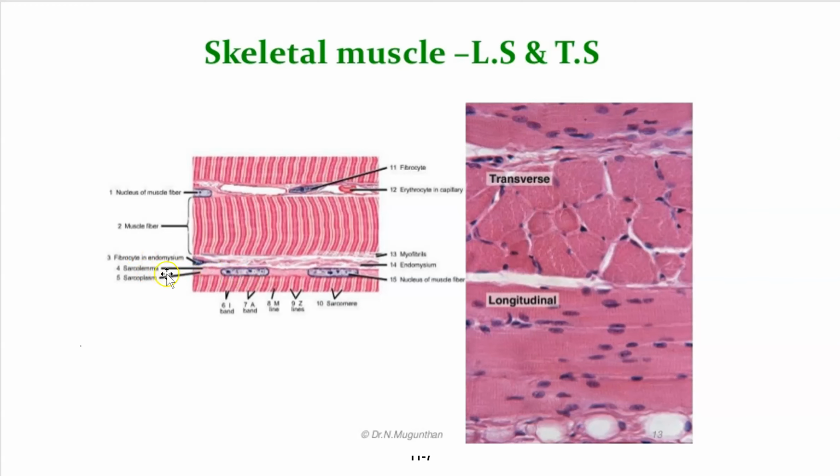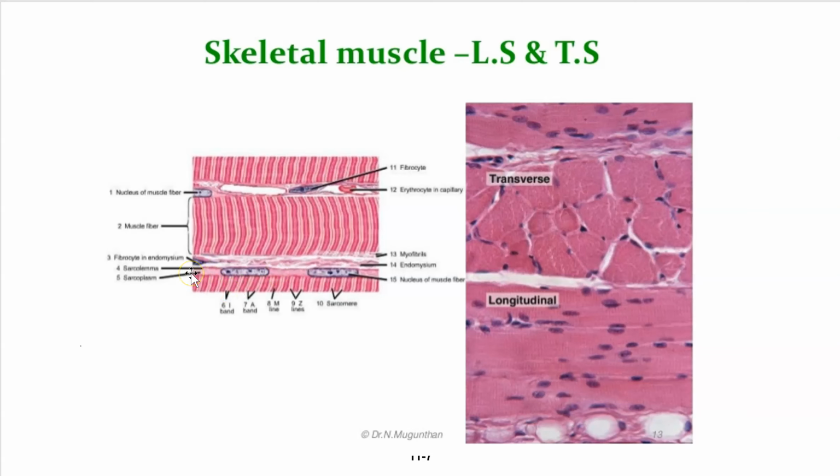Now, the other important terms that you'll need to remember are the sarcoplasm, which is the cytoplasm of the skeletal muscle, and sarcolemma, which is the plasma membrane of the skeletal muscle. So if you see a whole bunch of pieces lying around in the histology slide, those were artifacts of improper cutting.